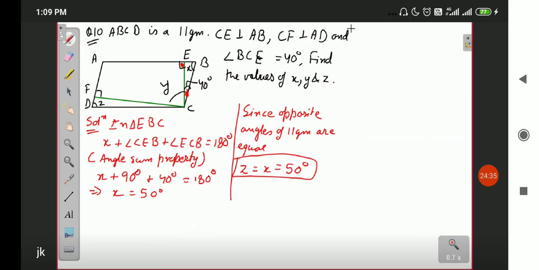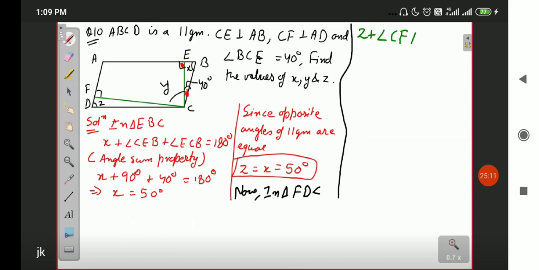Now, in triangle FDC, Z plus angle F is 90 degree, and let me name this angle, angle CFD plus angle FCD is all equal to 180 degree.